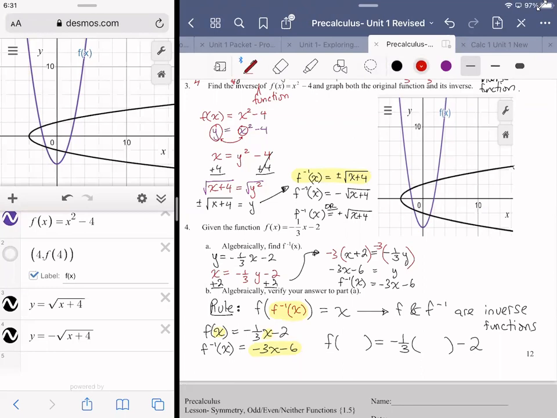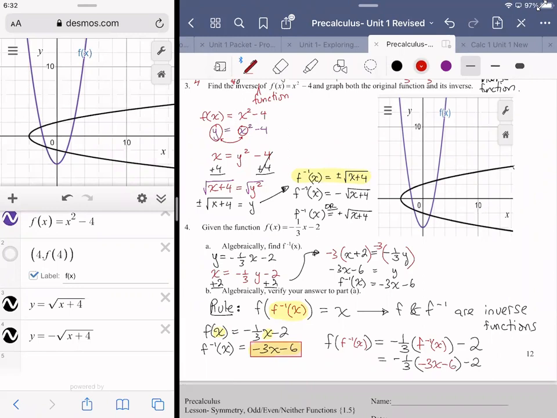So I'm going to take that f negative 1 of x and plug it in. And then in turn, I'm going to swap that f negative 1 of x out for what it really is, which is negative 3x minus 6, or what we assume it is.